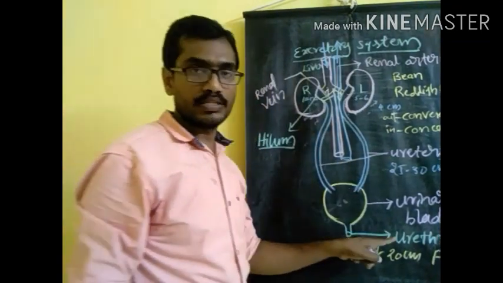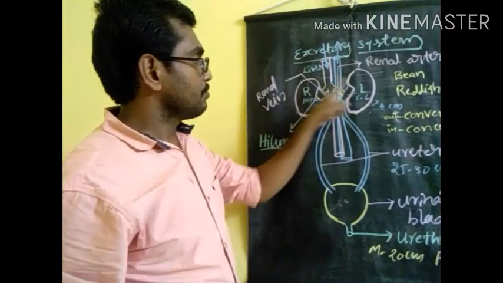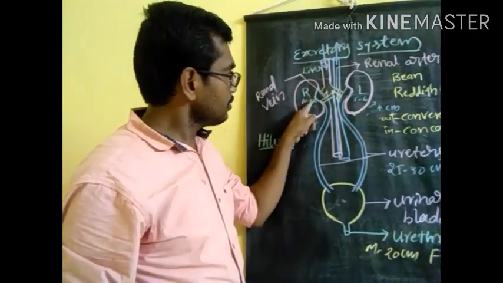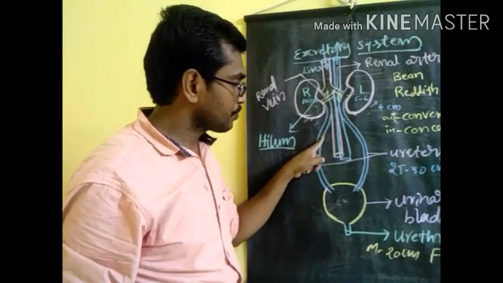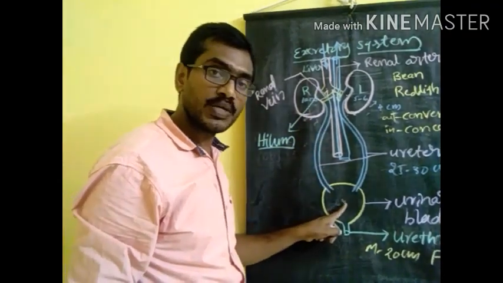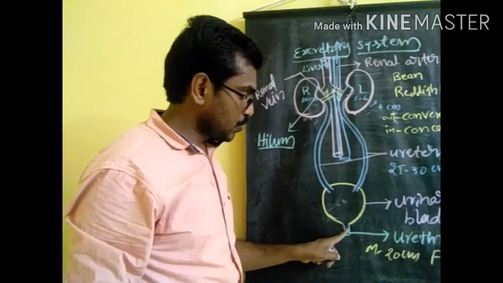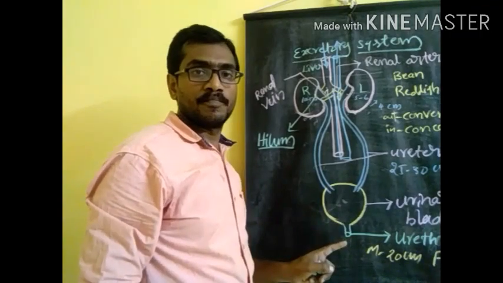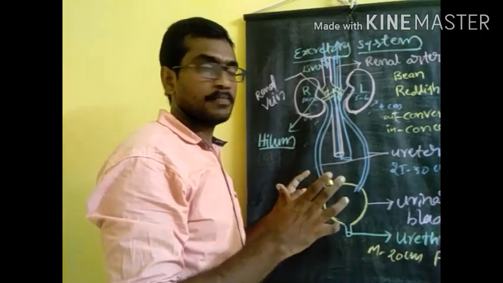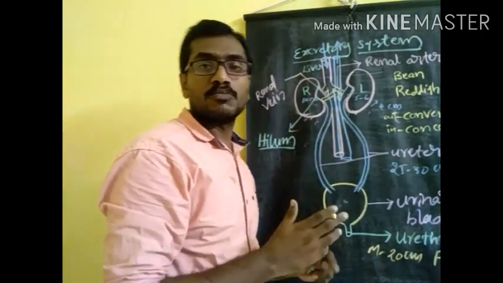Here blood is filtered and urine is formed. The formed urine travels through the ureters into the urinary bladder, and then comes out through the urethra. This is what happens in the urinary system of humans.